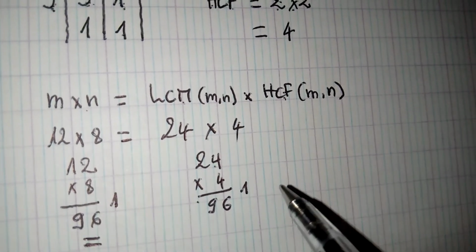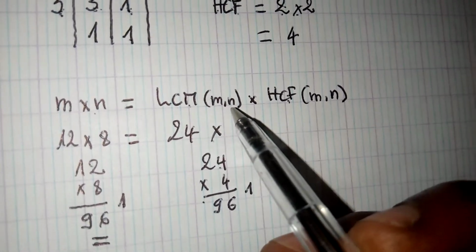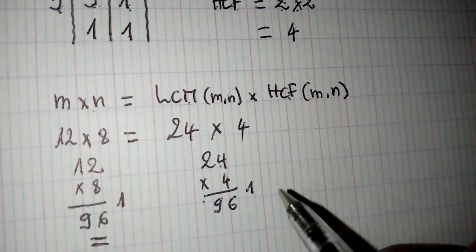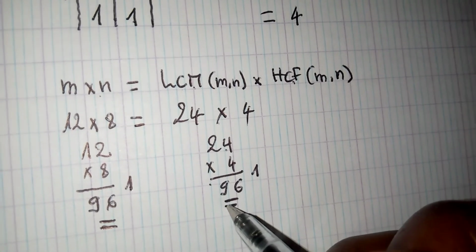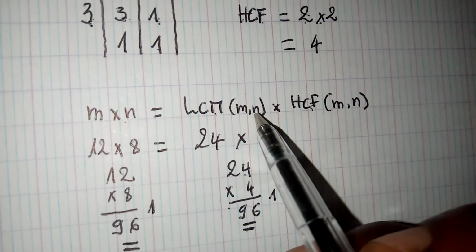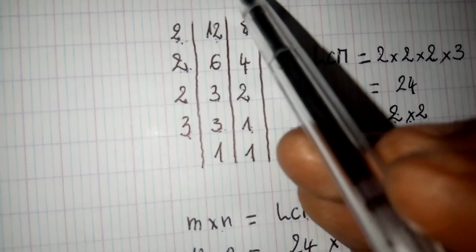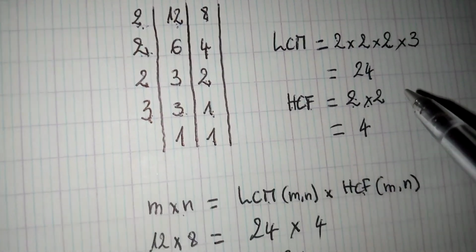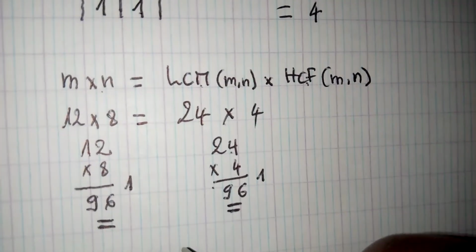And the product of the LCM of M and N and the HCF of M and N is, again, 96, for the numbers M and N, which were 12 and 8. So this one is proved.